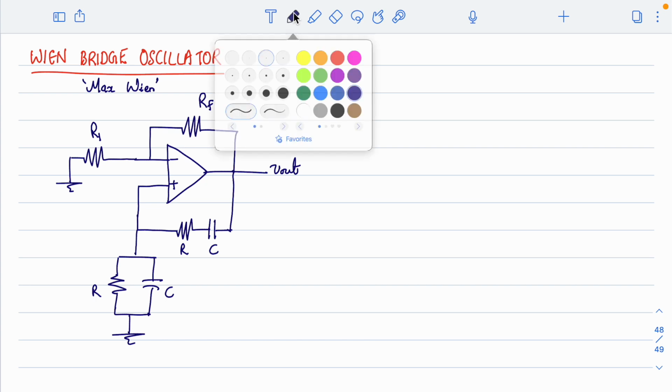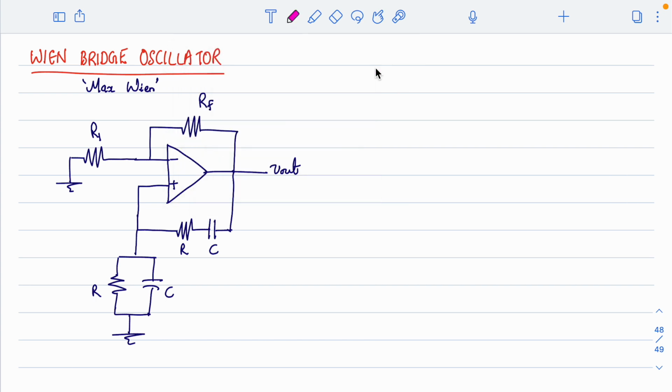Right. So now when you look at this circuit, we can see two things. One is you can clearly see an amplifier part, and you can also identify that the amplifier configuration is a non-inverting type, because only in the non-inverting type will we have this kind of structure where we provide an input to the positive input terminal.